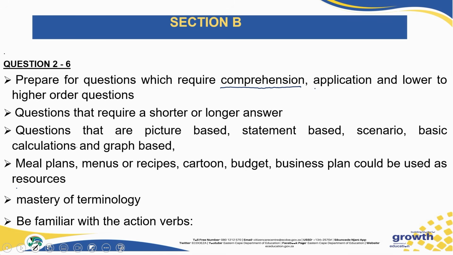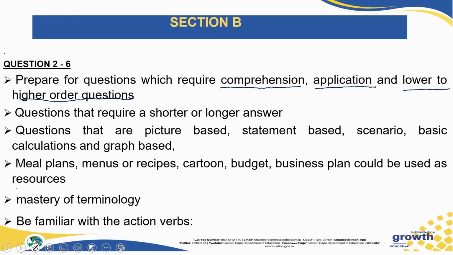Now, grade 12, let us delve into our second section, which is section B of the question paper. This section has 5 questions from question 2 up to question 6. In this section, grade 12s, you need to prepare for questions that require comprehension, application, and lower to higher order questions.